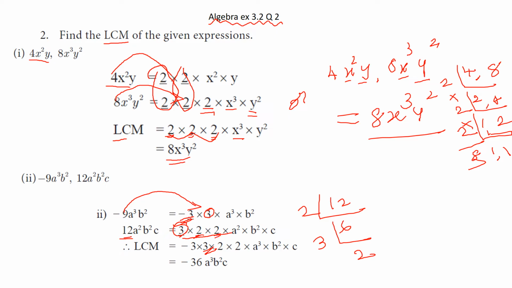Here the greater power, a cube, and b squared, both b squared, so write b squared, and c also write. Now multiply minus 3 into 3, 9. 9 into 2, 18. 18 2s are 36. So minus 36 a cube b squared c is the answer.